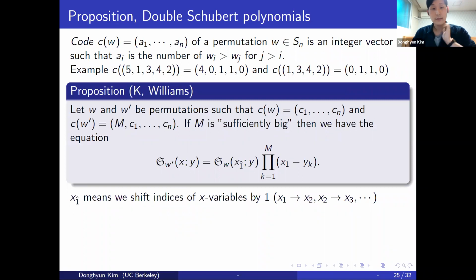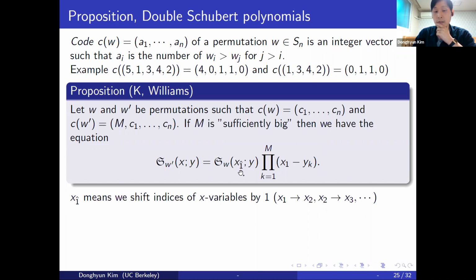And this is the proposition. Let's say W and W prime are permutations such that the code of W is c1 to cn, and the code of W prime is given as some number m, and the rest are the same as the code of W. And if m is sufficiently big, I'll not exactly say what that means, then the double Schubert polynomial for W prime is represented as a product of the double Schubert polynomial for W with x variables shifted.